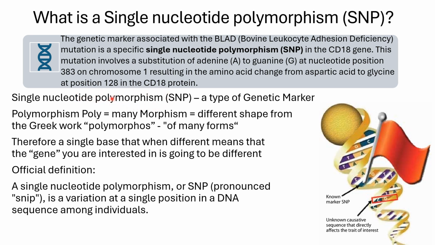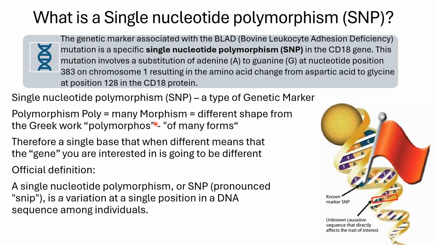Polymorphism. As I've said to you many times, poly means many. Morphism, if you're able to morph into something different, you can change shape, can't you? Okay, so polymorphism means there's many shapes of this single nucleotide.